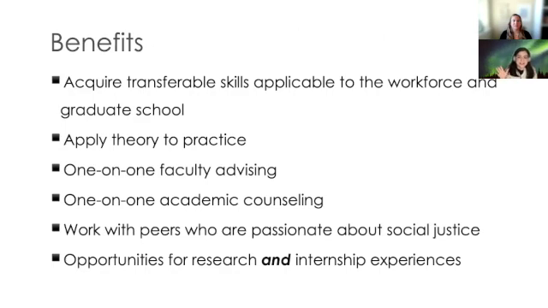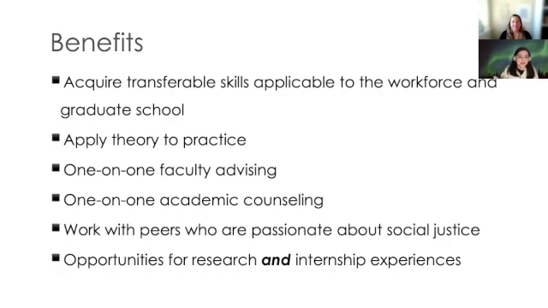A list of benefits, you can see them here. You would acquire transferable skills that are applicable to when you graduate. You can apply, as was mentioned before, theory to practice. You have one-on-one faculty advising and one-on-one academic counseling. So for example, if you choose to go the route of the 195 CE courses, you'd have that one-on-one instruction with the graduate student instructor on a bi-weekly basis.